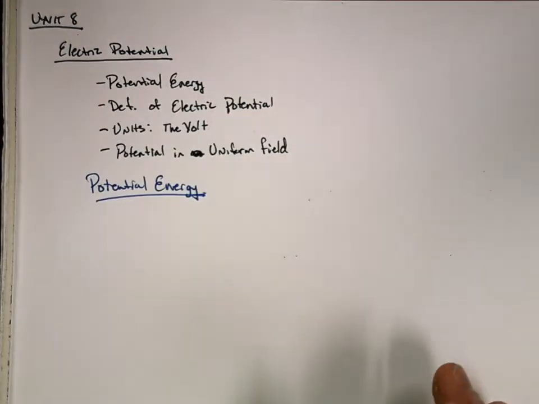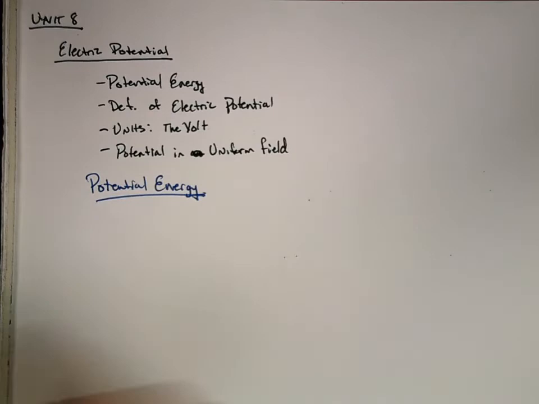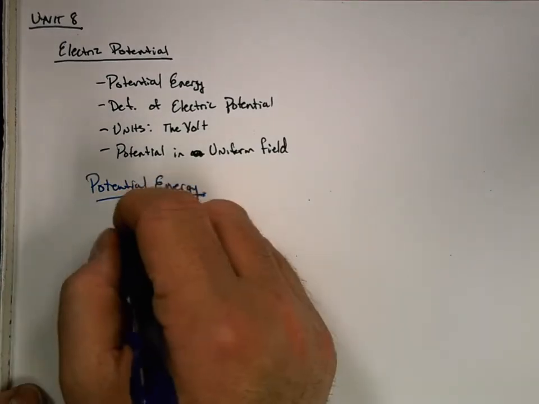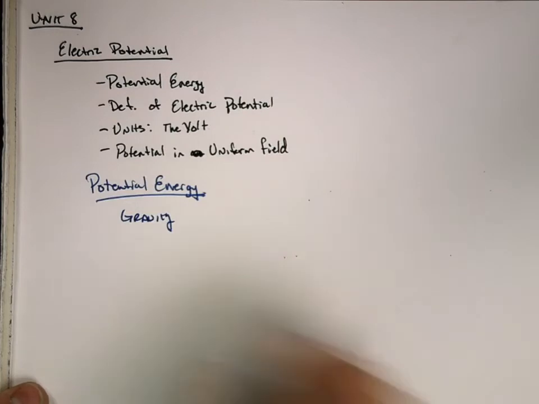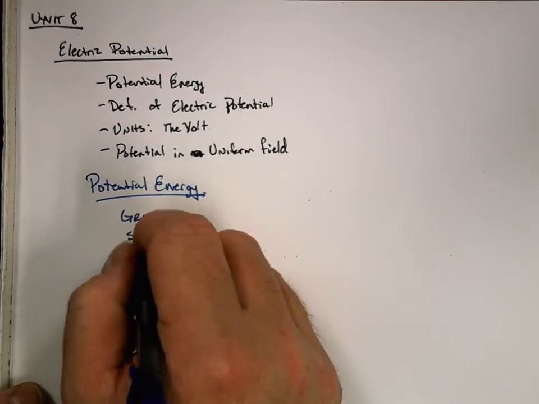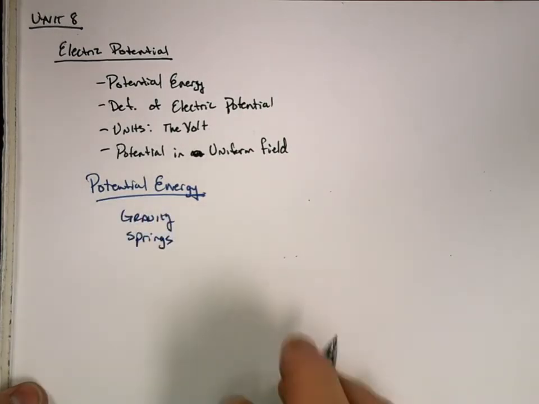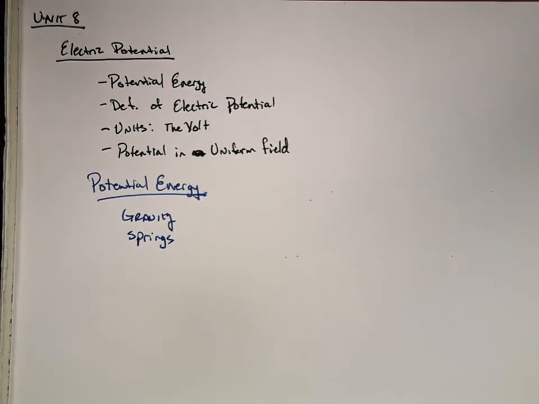All right, potential energy. We've dealt with two types so far. We've had gravity, and we've dealt with springs. But for all of them, we've discovered that the potential energy is the potential to do work.